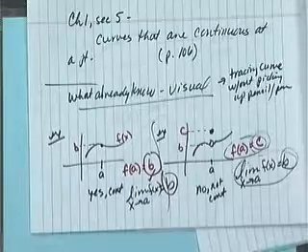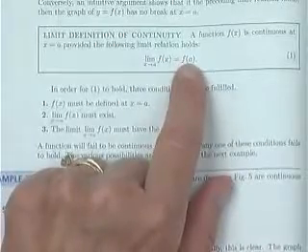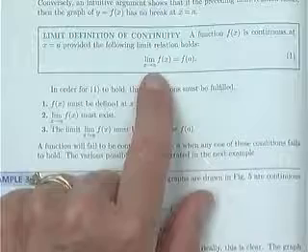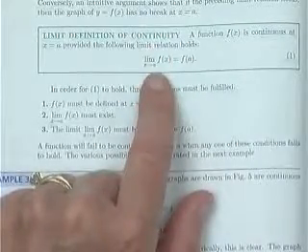All right, now we're ready to look at our limit definition, and this is illustrated right here with the definition. It says it's going to be continuous at x equal to A as long as there's a y value, there has to be a point, there has to be a limit, and those two things have to match.